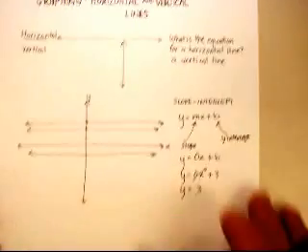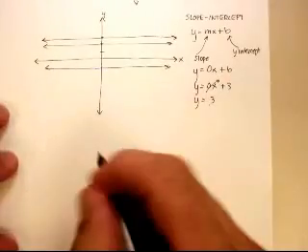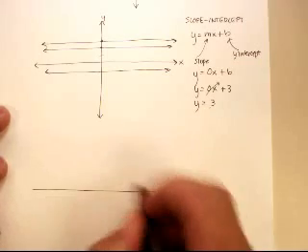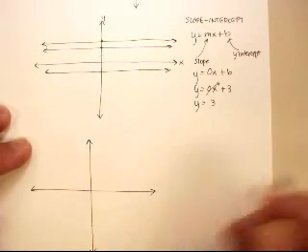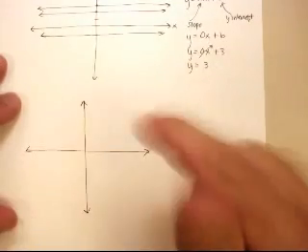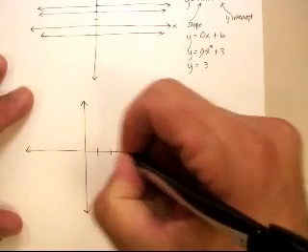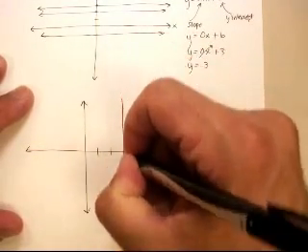Now let's look at the vertical line in the exact same way. Since vertical lines look something like this, okay? And let's do this 1, 2, 3, and we'll just draw a vertical line.